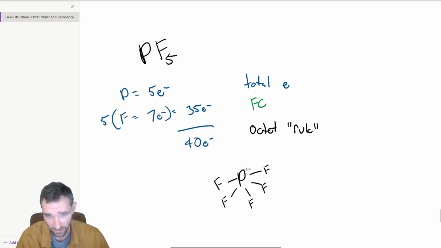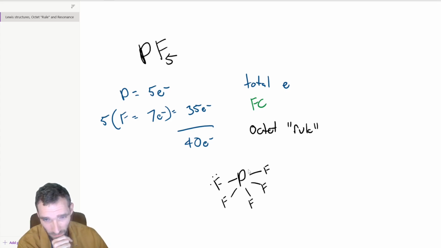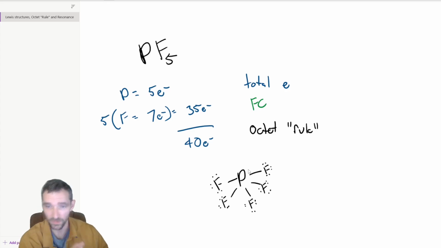So there isn't actually a lone pair on here. It's most likely fine as is, drawn as is, with 1, 2, 3, 4, 5 bonds with the fluorine. And then the fluorines do have a few lone pairs on them as well to fill their octet, because fluorine's in that second energy level. We're going to want to have 4 orbitals or 8 electrons that it's interacting with.